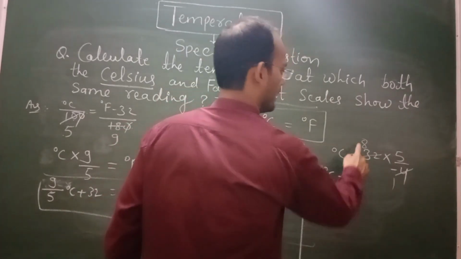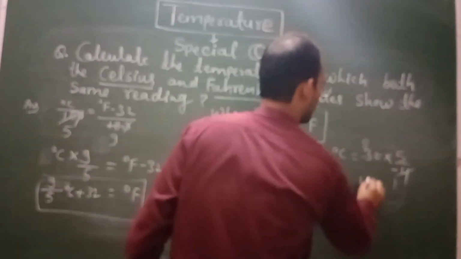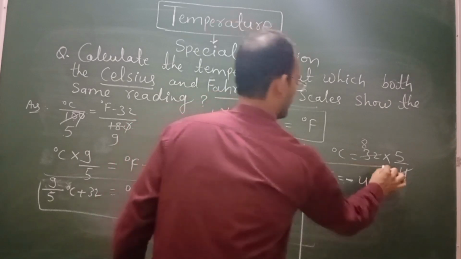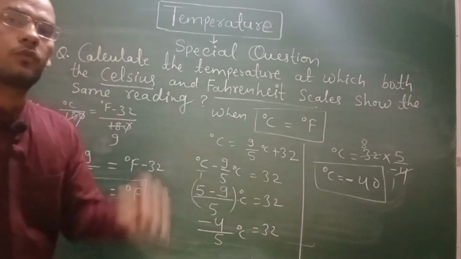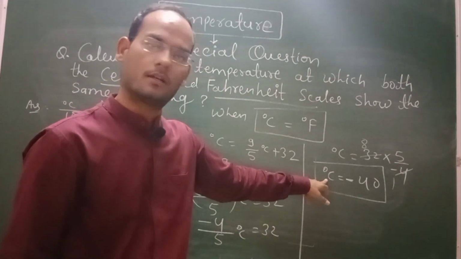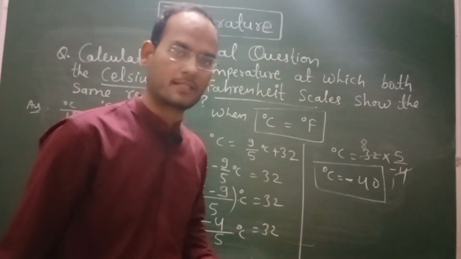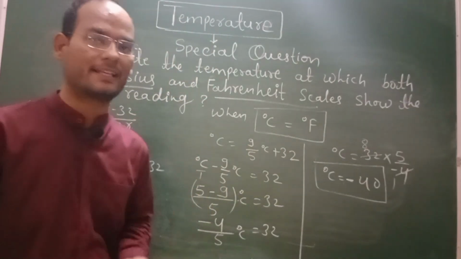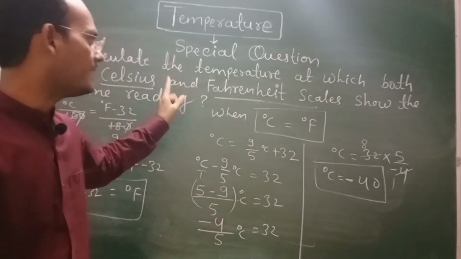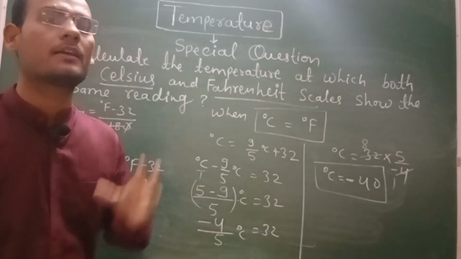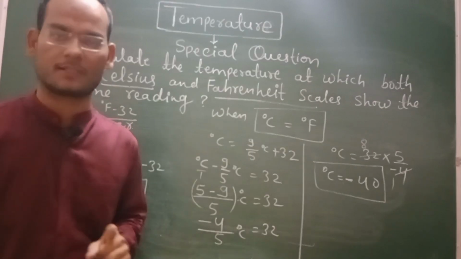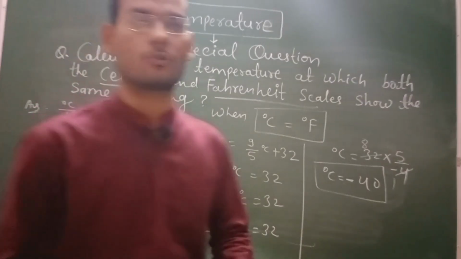So degree Celsius, 8 5s are 40, and there is a minus value, so minus 40. So minus 40 degree will be shown on the Celsius scale. So we can say that minus 40 degree is the temperature at which the Celsius and Fahrenheit scales show the same reading, minus 40 degree. Clear? Now we are going to end this session.